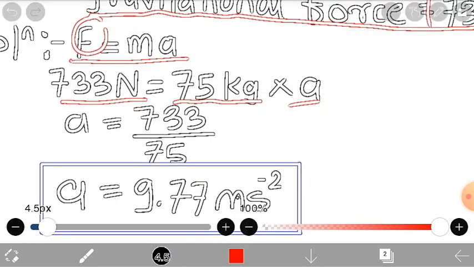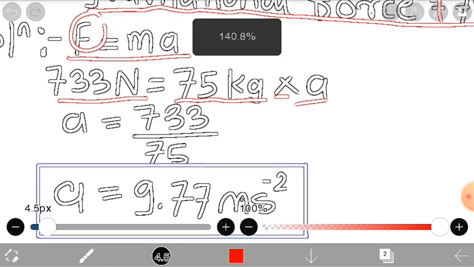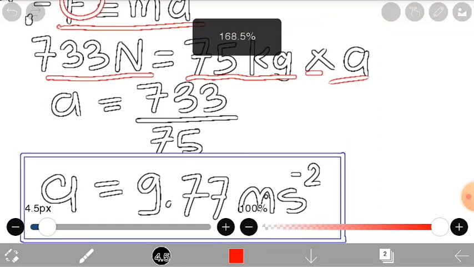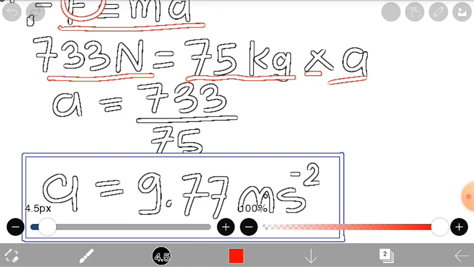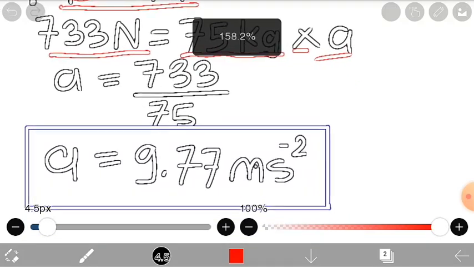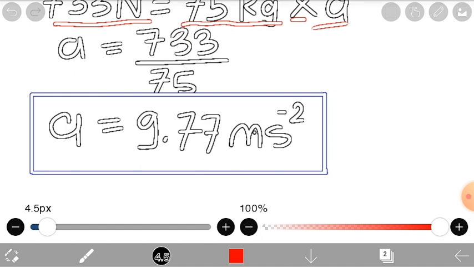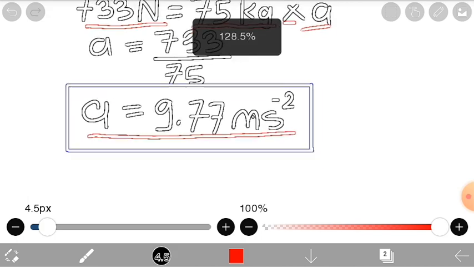Therefore this 75 goes to the RHS and becomes divide. Therefore A is equal to 733 upon 75, and the solution is A equals 9.77 meter per second square.